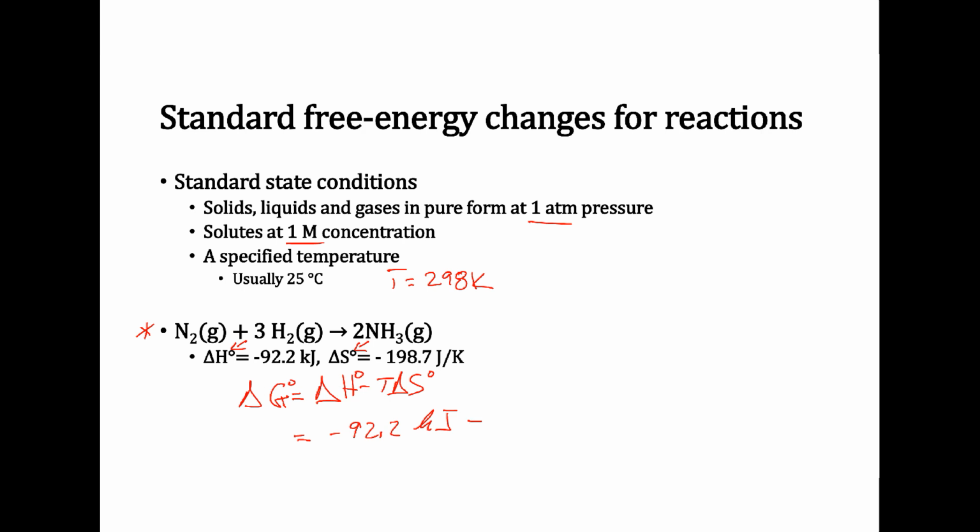The temperature is not given to us, but since we know it's at standard conditions, we know it's 298 K. And then the entropy we need to convert to kilojoules per Kelvin, so we have negative 0.1987 kilojoules per Kelvin. Where we plug this in, we'll find out that delta G is equal to negative 33.0 kilojoules.